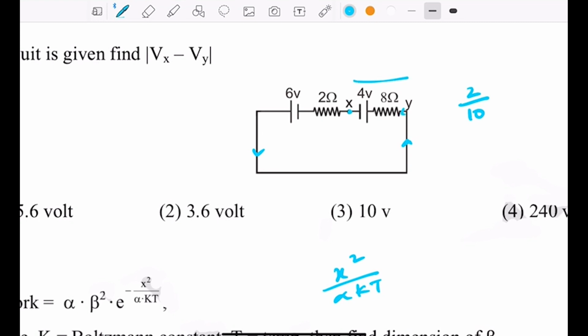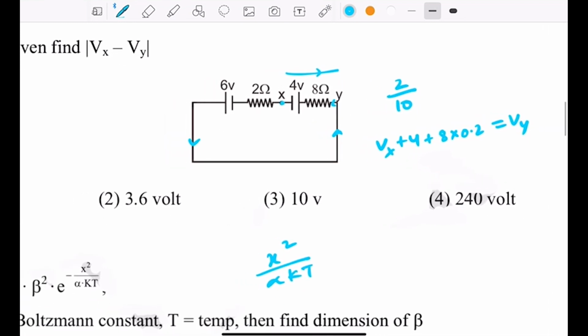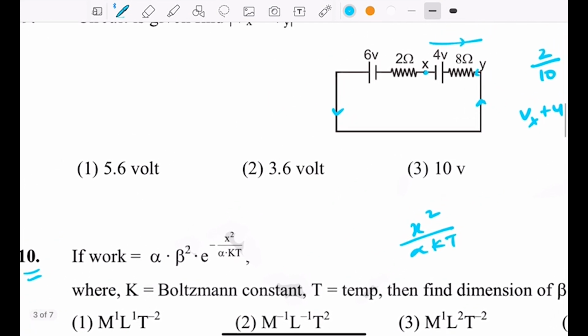If I go from here to here, Vx plus 4, opposite to the direction of current, plus 8 into 0.2 is equals to Vy. So Vx minus Vy, magnitude obviously we want, will be 4 plus 1.6, 5.6.